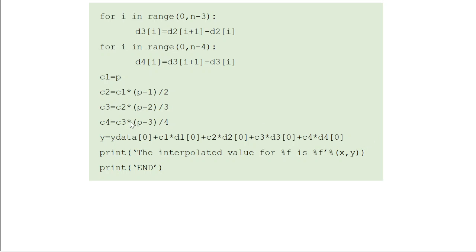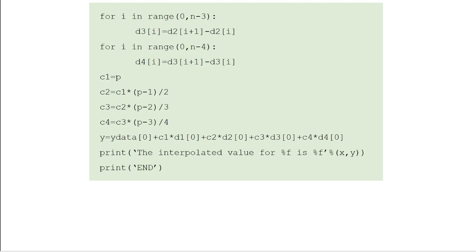Okay, so this is your yn of x, nth degree polynomial. So finally you can print the interpolated value for %f is %f, x comma y. Okay.